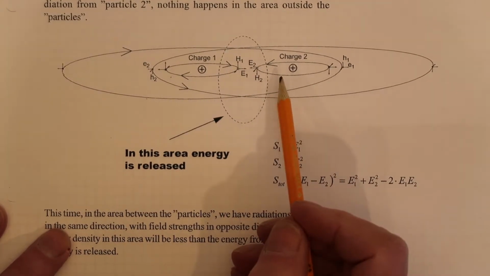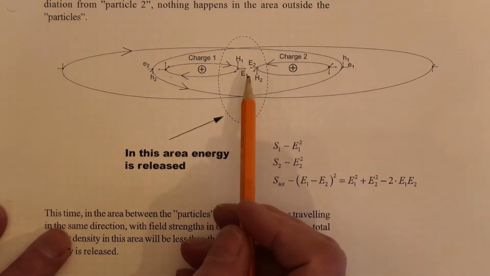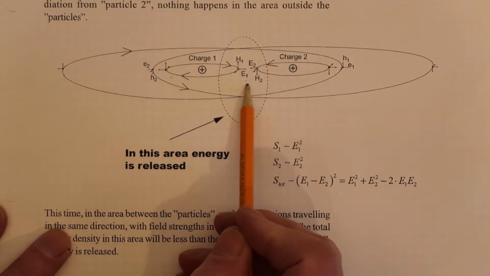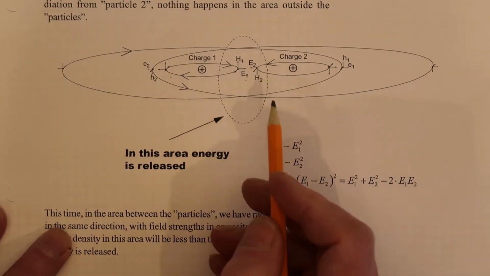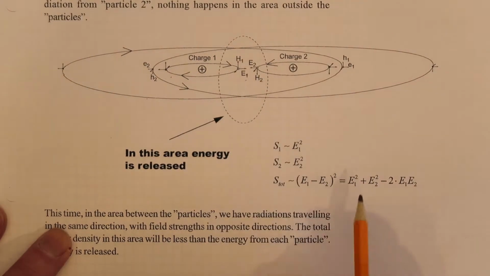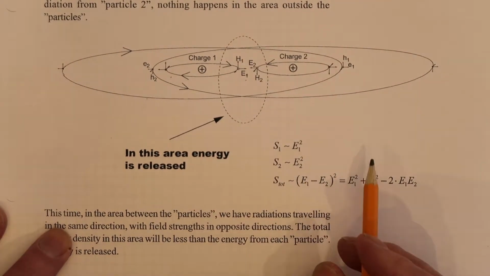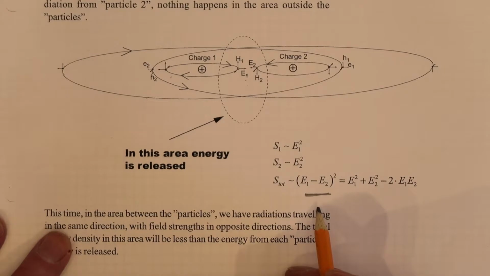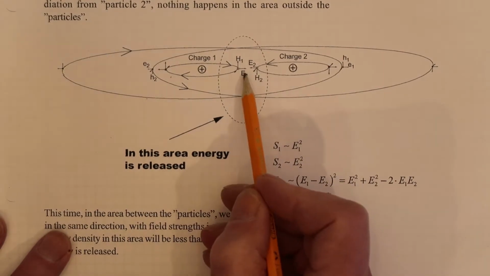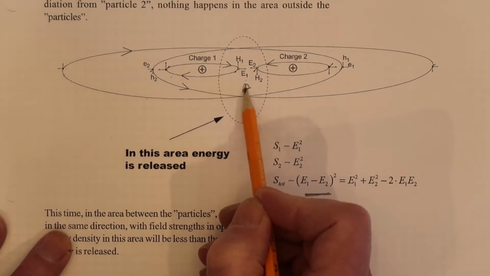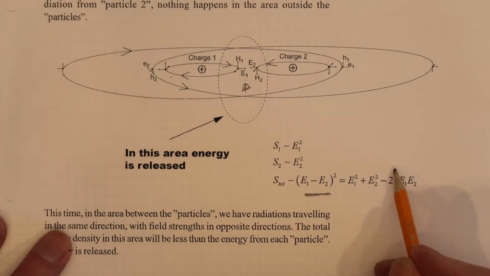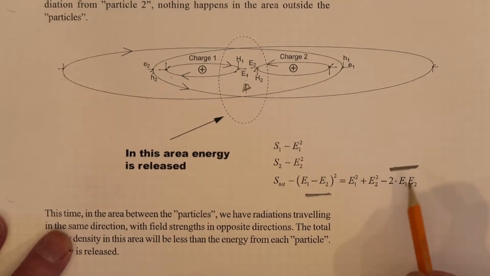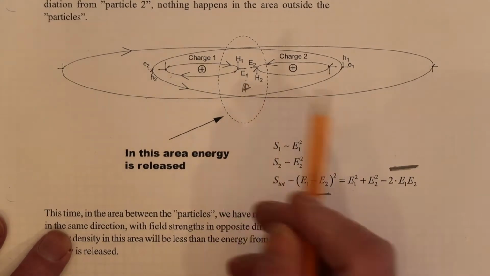The clockwise and the anti-clockwise direction go in the same direction, and in this area the electric fields are in opposite direction, meaning that we have to take the difference between the electric fields, and this means in this area the total radiation is less than the sum of the radiations.